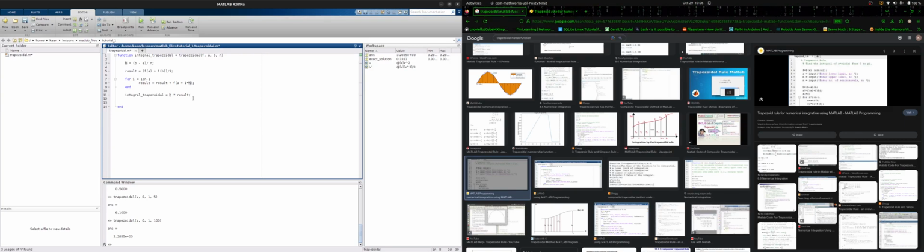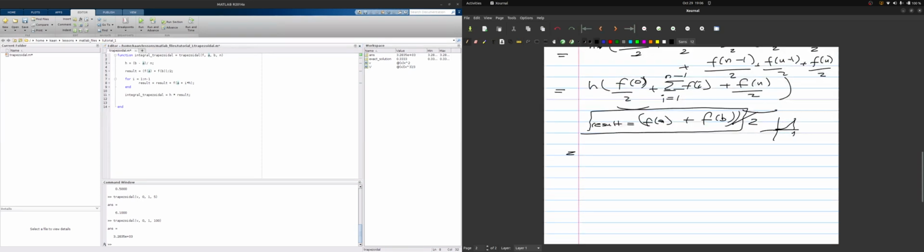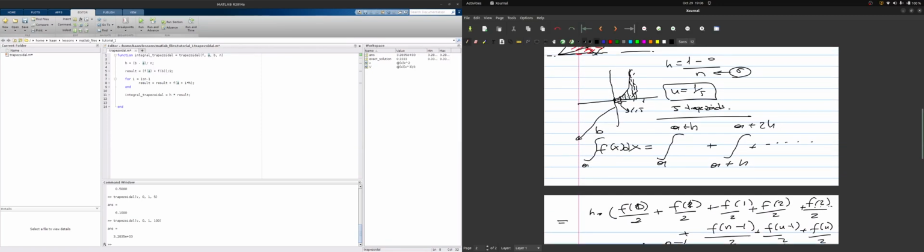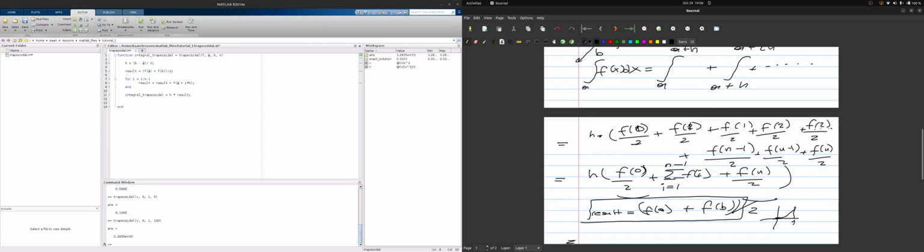So what do we mean by that? In the function we were showing you here, the h values are the same, but we ended up having f1, f2, f3, these consecutive values.